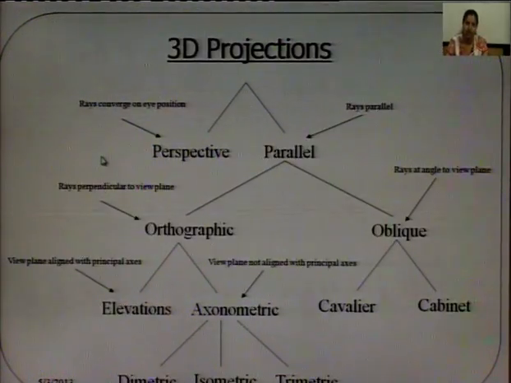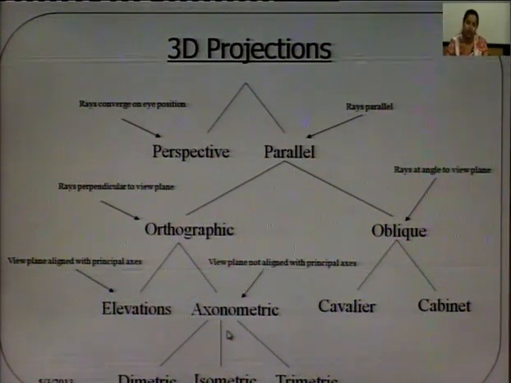So we are defining again: in perspective, rays converge at the eye position, but in the parallel, rays are parallel. In the orthographic, rays are perpendicular to the view plane, but in the oblique, rays are at an angle to the view plane. In elevations, the view plane is aligned with the principal axis, and in the axonometric, the view plane is not aligned with the principal axis.